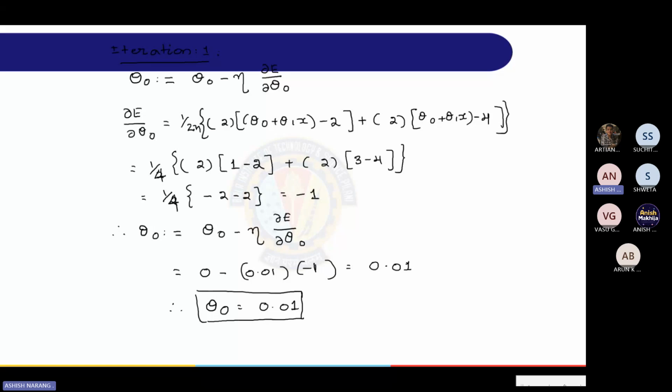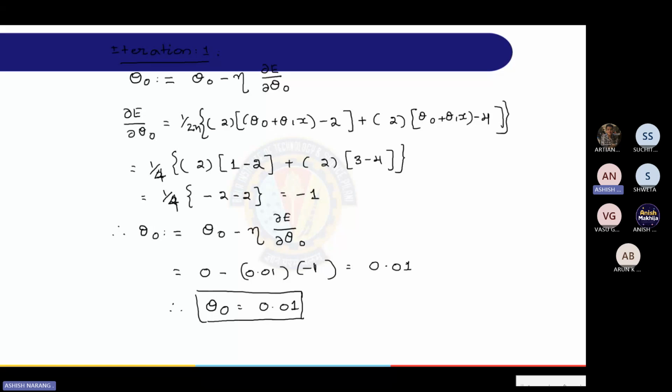So what is the total final value of this partial derivative with respect to theta 0? It is minus 0.95, right? That's fine. And then you can plug in these numbers.